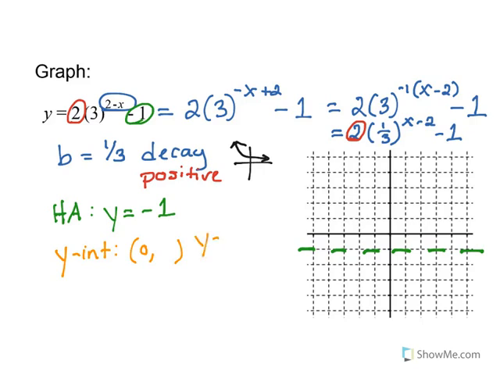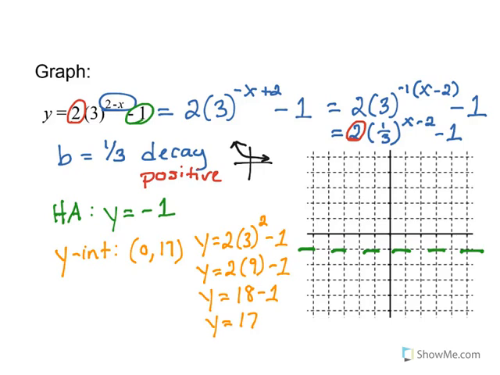So I'm going to do y equals 2 times 3 to the 2 minus 0, which is just 2, minus 1. Make sure you follow your order of operations here. So this is 2 times 3 squared, which is 9. Exponents come first. So then I have y equals 18 minus 1, so y equals 17.